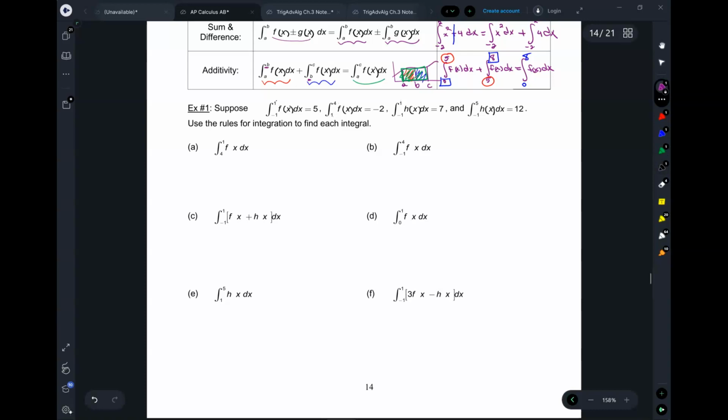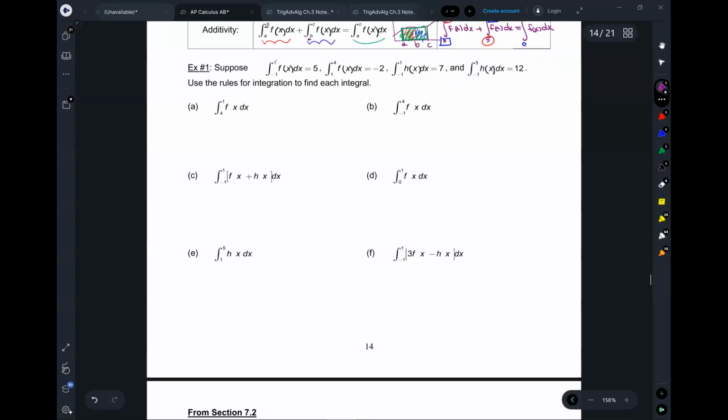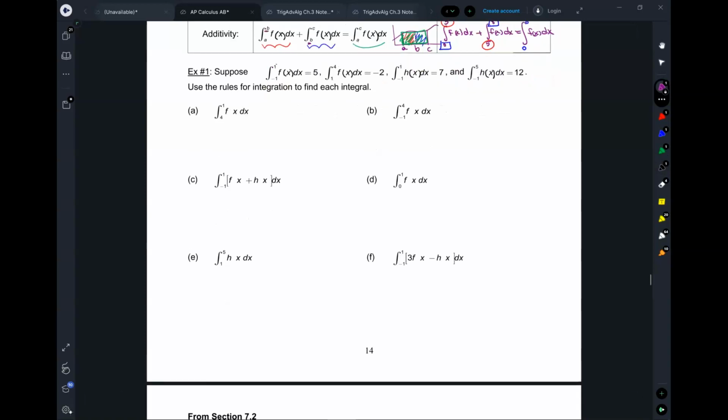Okay, so we're going to use these, and these are like my favorite things to do. They're like little puzzles that you can like put together, right? Okay, so first of all, I'm going to evaluate each of these integrals using only the information that I'm given in that first line above, after the word suppose.